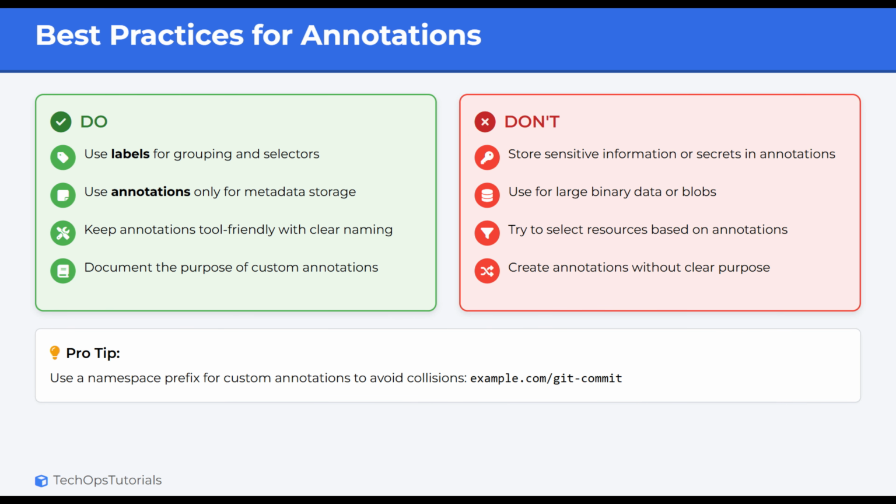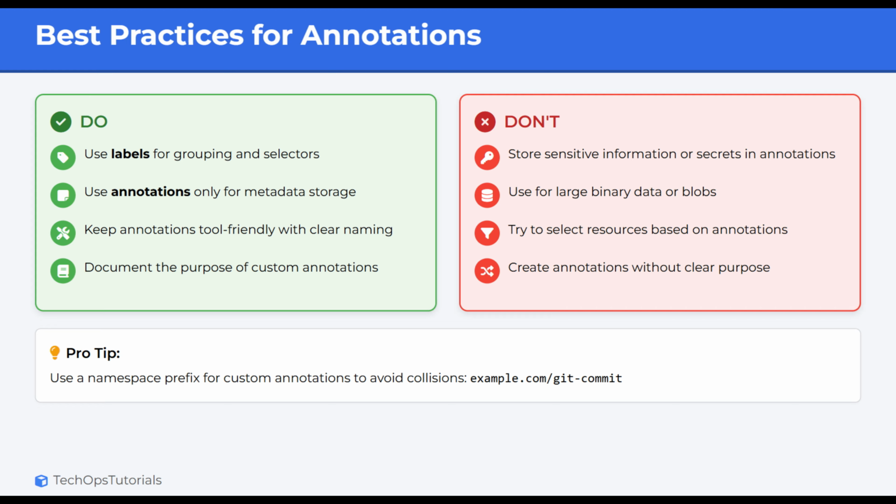Let's look at some best practices for using annotations. Do use labels for grouping and selectors and use annotations only for storing metadata. Keep your annotations tool friendly by giving them clear names and always document their purpose. Don't store sensitive information or secrets inside annotations.